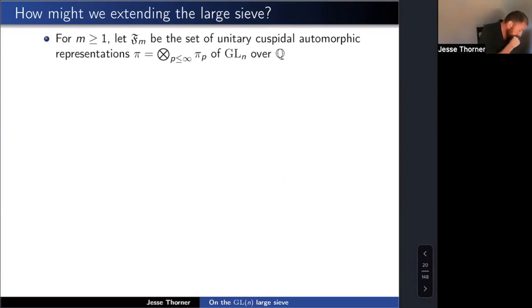So for an integer m at least 1, I'm going to let F_m be the set of unitarily normalized cuspidal automorphic representations pi of GL_m over the rational field. Everything that I say in this talk is going to actually carry over to number fields other than the rationals, but for notational simplicity, I'll just stick to the rationals today.